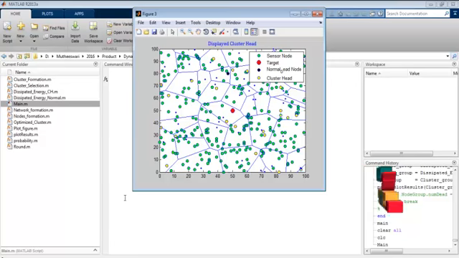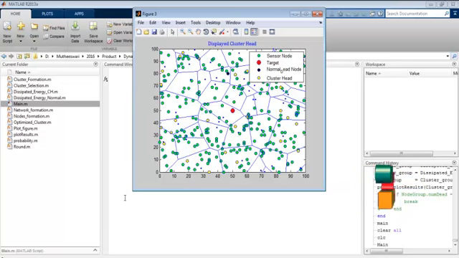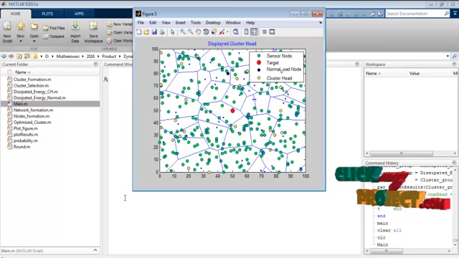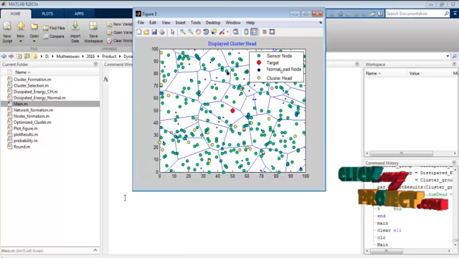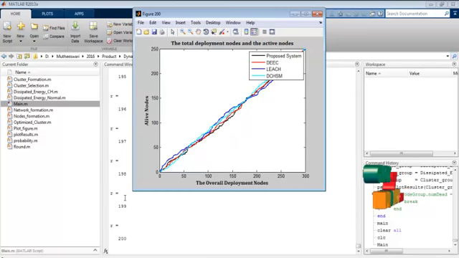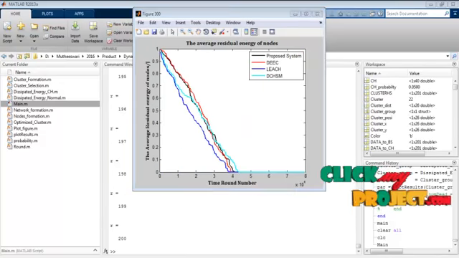These two parameters are estimated based on the energy as well as the distance between our sink and normal node locations. Here the cluster heads are selected by varying the iteration. Here 4000 iterations have been performed, and finally we plot the graph.